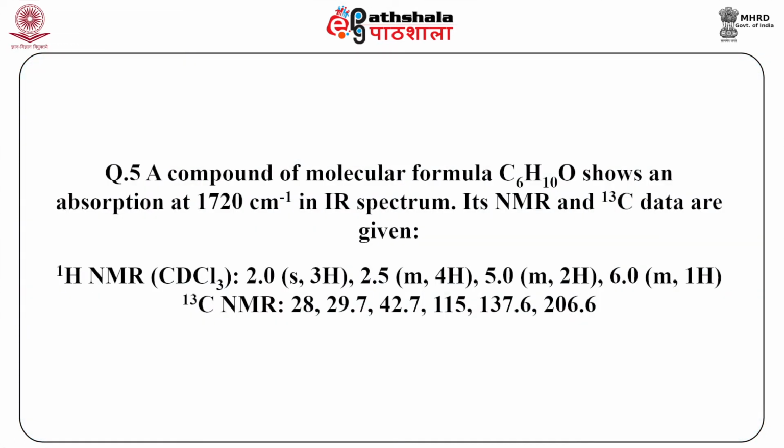Next question. A compound of molecular formula C6H10O shows an absorption at 1720 cm inverse in IR spectroscopy. Its proton NMR and carbon-13 data: the 1H NMR shows peaks at 2.0, a 3 proton singlet, 2.5, a 4 proton multiplet, 5.0, a 2 proton multiplet, and 6.0, a multiplet for 1 proton.